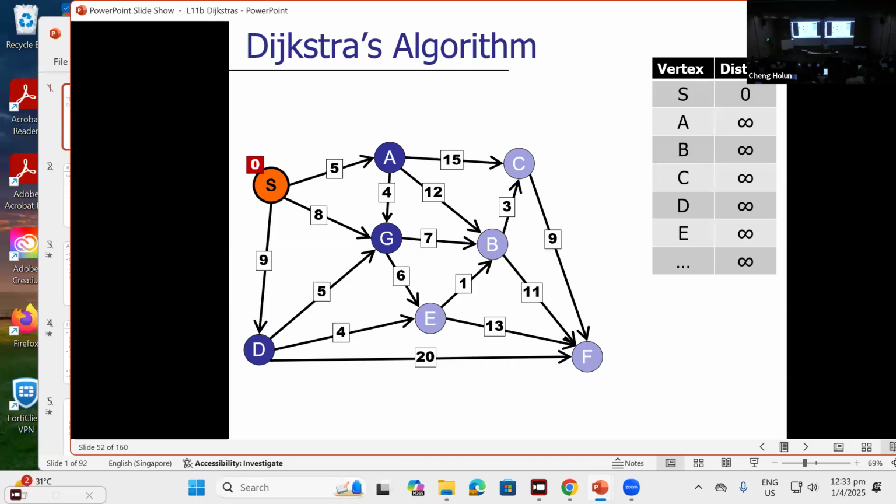From now on, all those vertices A, B, C, D, E are in the priority queue. Later we'll see that this is a priority queue. It's there, but I just don't want to write it and repeat it. Remember that all the vertices with infinite distance are also in the queue. Okay, what do we do now? The algorithm is very simple. It's only one step.